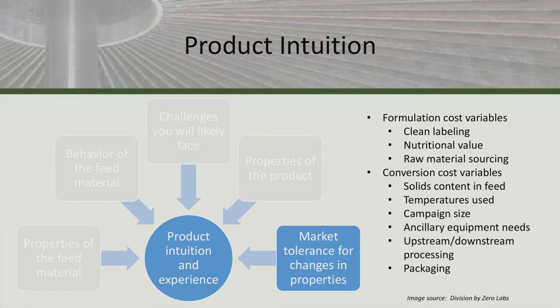They like to run continually and for as long as possible. It really helps the economics. Less important are the ancillary equipment needs that we've already talked about: upstream, downstream processing, and complicated packaging.